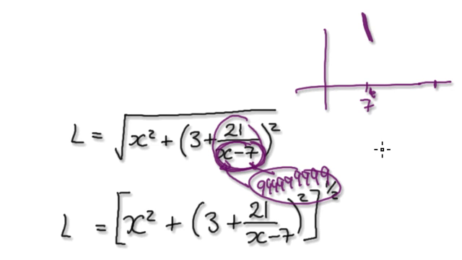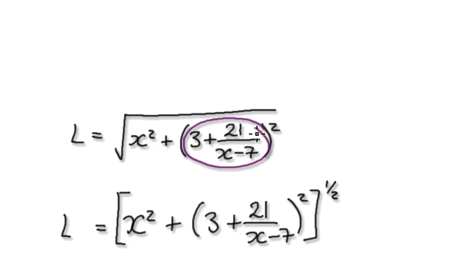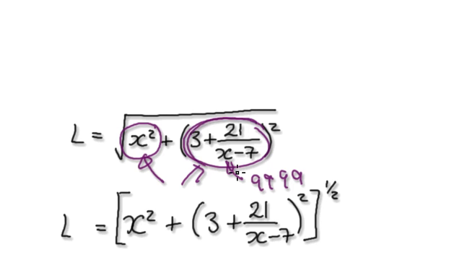And 21 divided by very, very big, this thing here will be very, very small, plus 3, it will be very, very small. But then when you look at this, if you remember, we are putting a very, very big number into here. This thing here will be very, very small, we can pretty much forget about this. But the point is that this thing here will be very, very big.